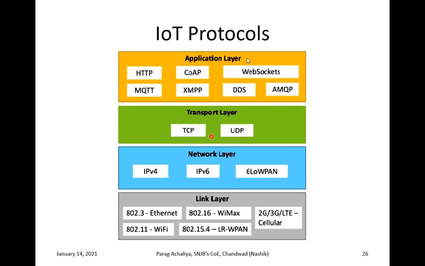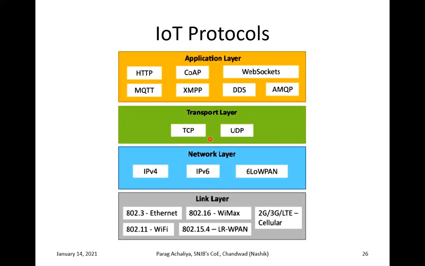Then the next layer is the application layer protocol. In the application layer, the various protocols used are HTTP (Hypertext Transfer Protocol), CoAP, WebSocket, MQTT, XMPP. So every layer will have various protocols, and the functionality of those protocols depends on the type of IoT application.